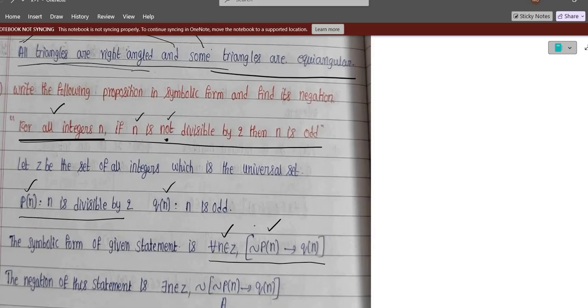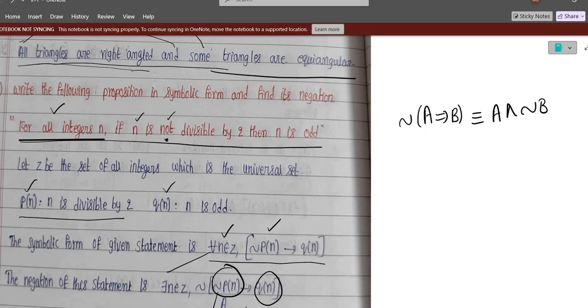Now I want to write negation of this. I already told for all becomes there exists. N belongs to Z as it is. Negation of this. Again we use the same thing. What is that one? Negation of A implies B is identically equal to A and negation of B. Here A means negation of P of n, B means Q of n.